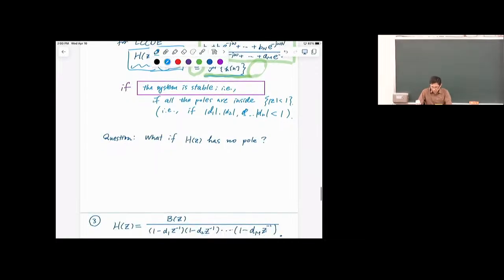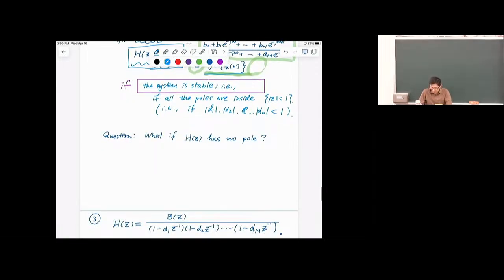Okay, so now we just keep telling you that it's important to look at the location of the poles. This is the main message for the past 20 minutes I'm trying to deliver. Please be aware of the locations of the poles. We want them to be all inside the unit circle when you design a system, for example. But what if our system simply does not have any pole?